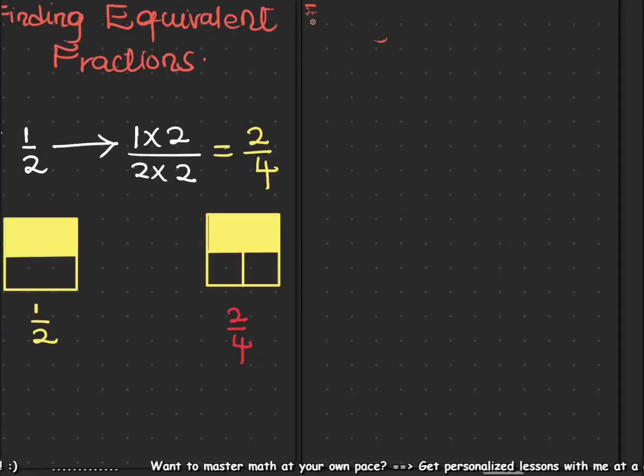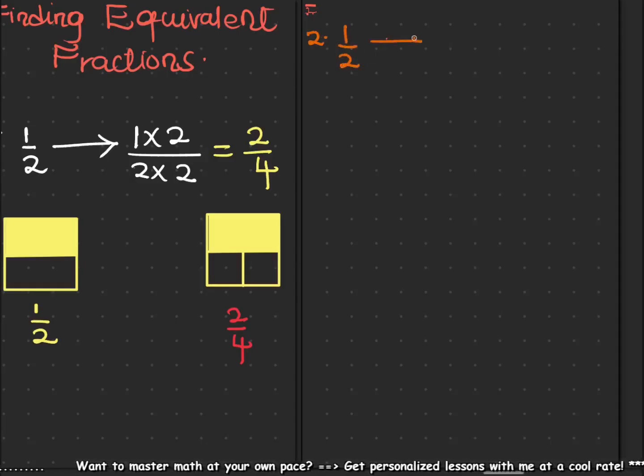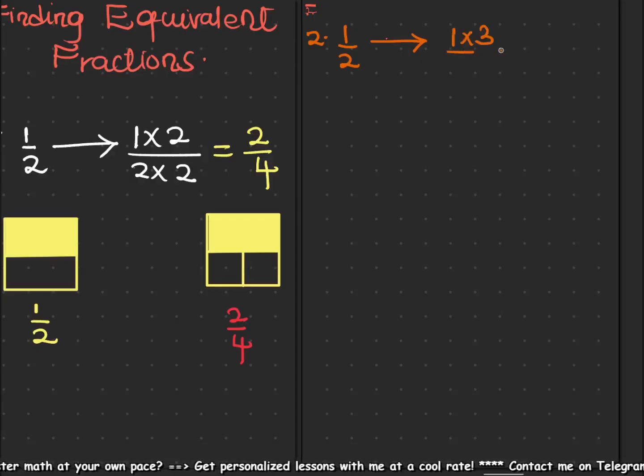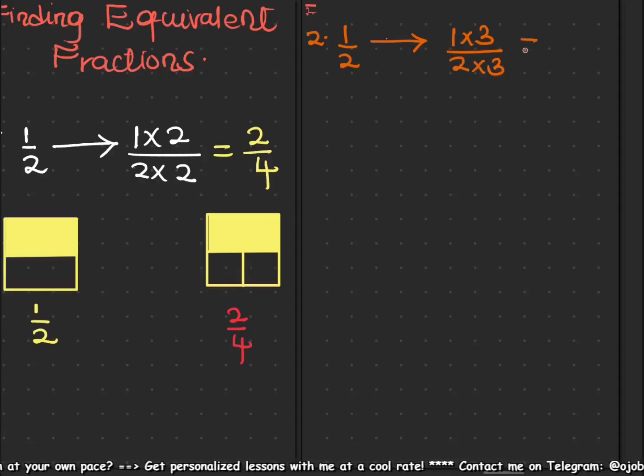So we still have 1 over 2. And this time around, we are choosing to multiply both numerator and denominator by what? By 3. So I'm going to multiply 1 by 3 and multiply the 2 also by 3.